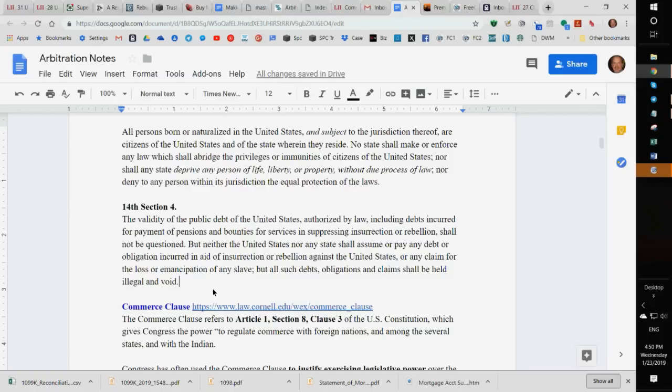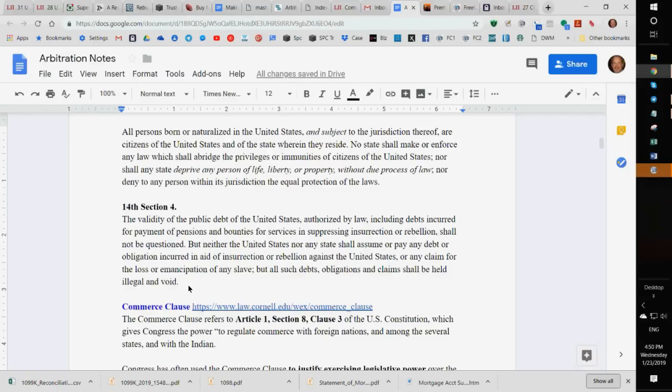Section 4 talks about the validity of the public debt of the United States authorized by law, including debts incurred for payment of pensions and bounties for services in suppressing insurrection or rebellion, shall not be questioned. But neither the United States nor any state shall assume or pay any debt or obligation incurred in aid of insurrection or rebellion against the United States, or any claim for the loss or emancipation of any slave, but all such debts, obligations and claims shall be held illegal and void.